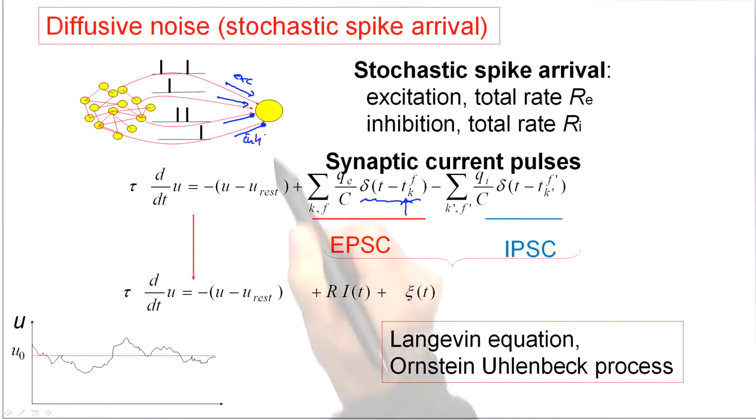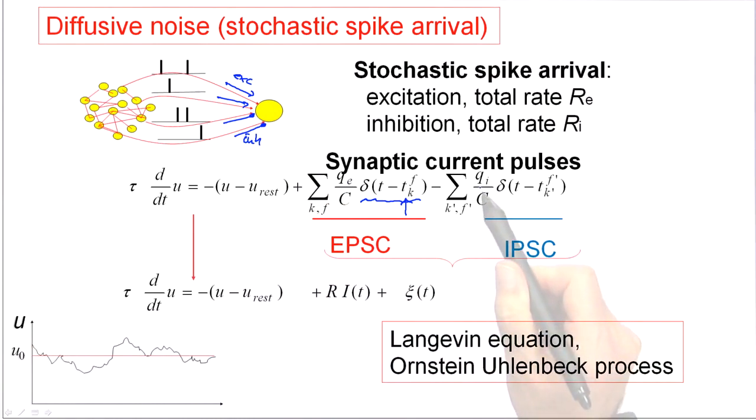Inhibitory synapses would deliver a negative charge QI. Now, suppose that these spikes arrive at some frequency, excitatory rate nu e, inhibitory rate nu I. Now this mean drive causes a mean input current, a time-dependent deterministic input current characterized by the rates nu e and nu I, the two different synapse types.